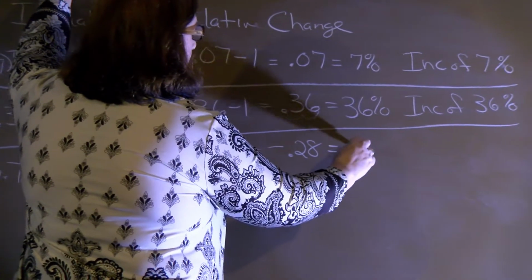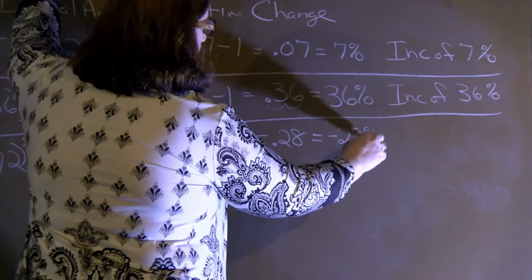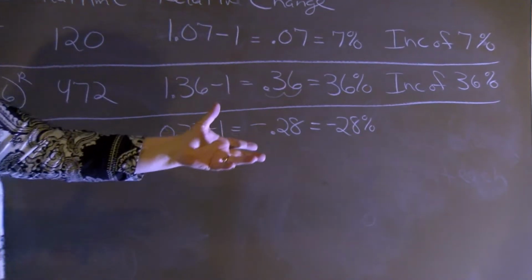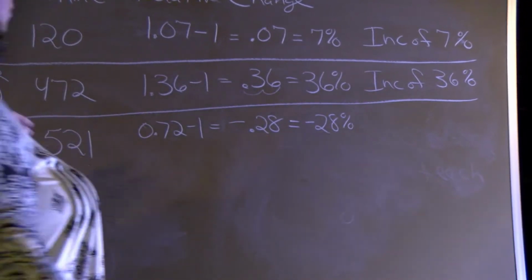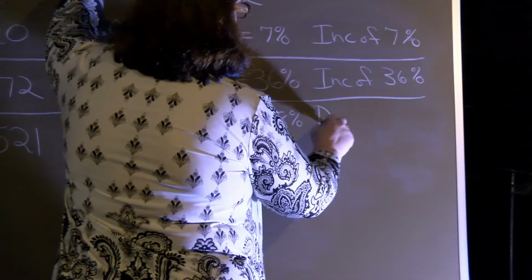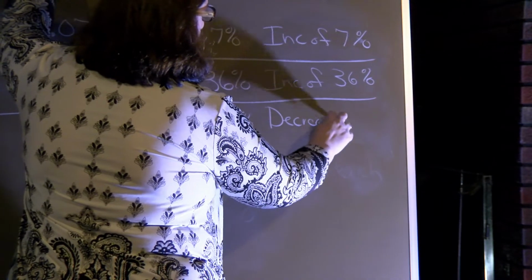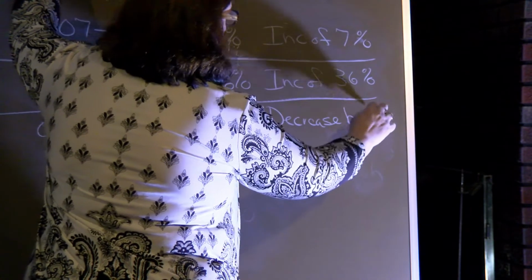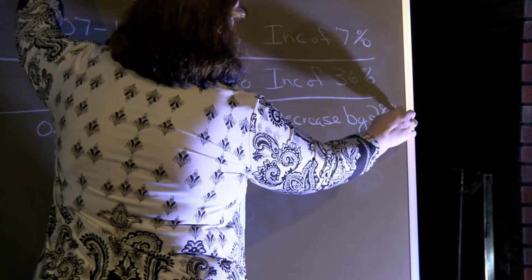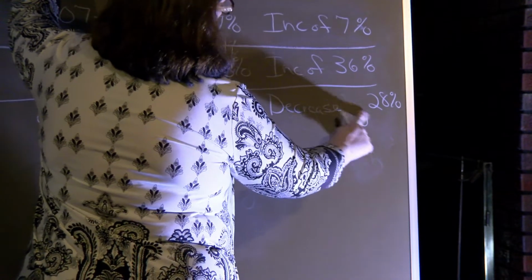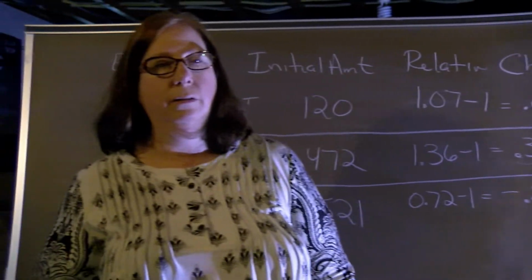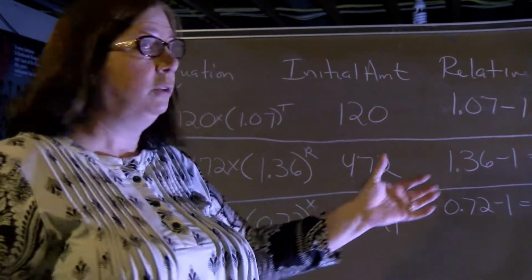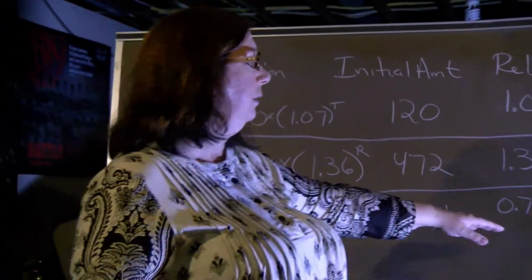But then we're going to make it a percent. Now it's not a negative 28%. The negative means it's decreasing by 28%. So there's a decrease of 28%. We used the 1 minus trick, and that's how we got the 72.